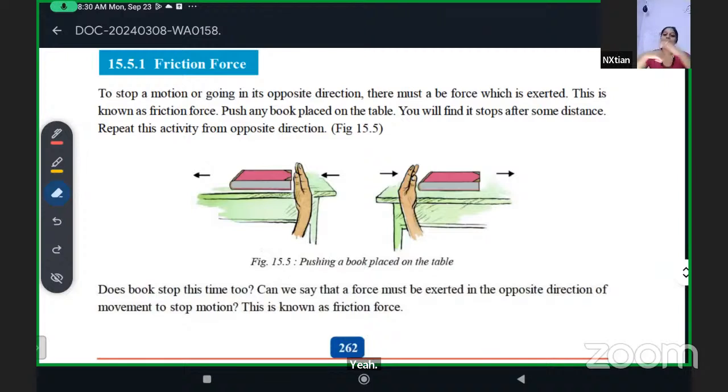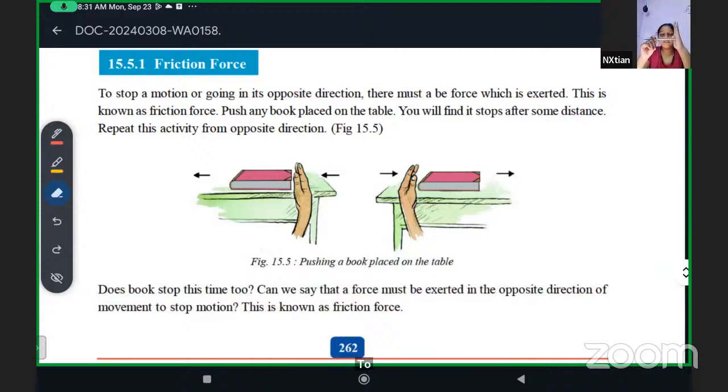So, basically, suppose something is moving in a particular direction. Anything, be it any object, that's moving, and a force that's exerted from the opposite direction to stop that movement, or to slow down that movement.